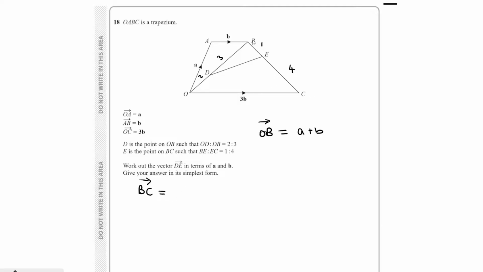So B to C, you could go back down OB and then across, or you could go all the way around. It doesn't really matter. I just went all the way around. So minus B minus A because I'm going the wrong direction, plus 3B, which I'll simplify to 2B minus A.